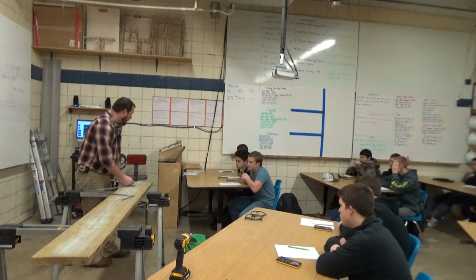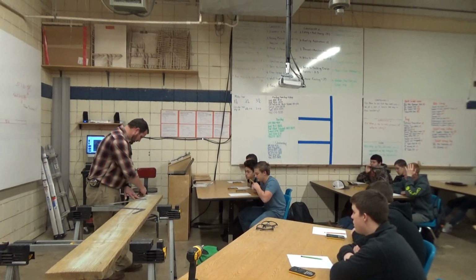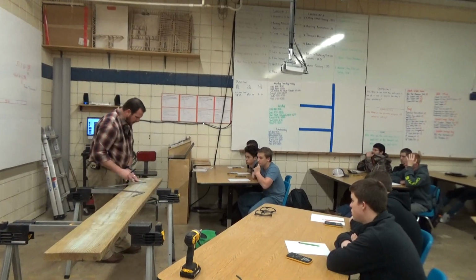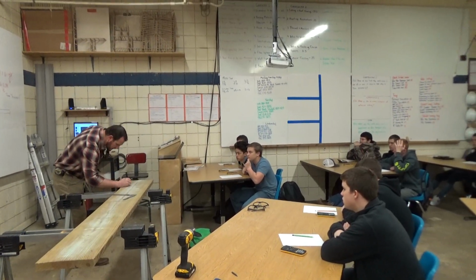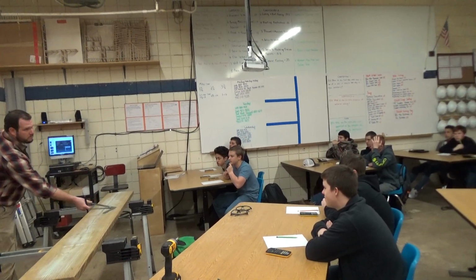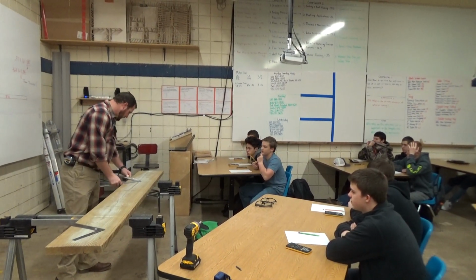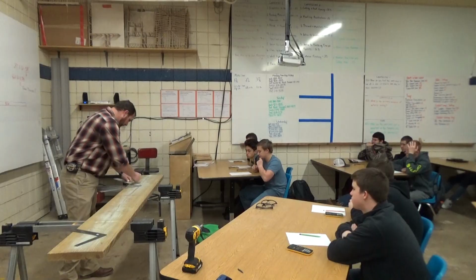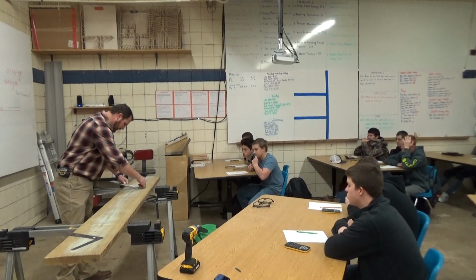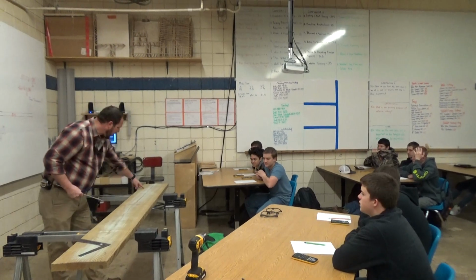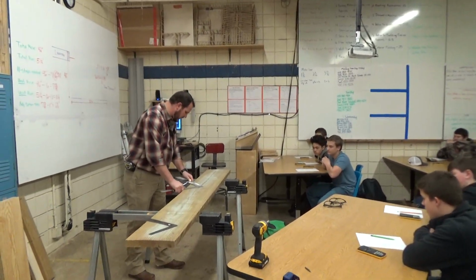How many steps do I have to mark out? Why is 6 not right? Because my landing is my last step. So I have to mark out 5. Good job. Look, I'm marking these out.